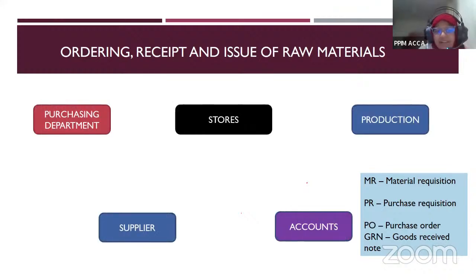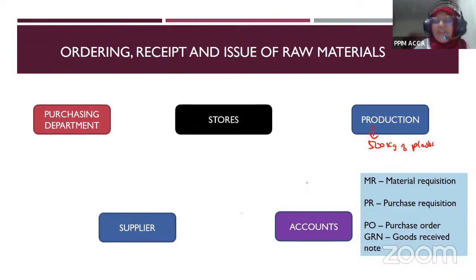In a company, basically, you will have the production department, the stores, the purchasing department, your supplier, and the accounts. There are certain documents that have to go to and from these different areas of the business if you want inventory in the factory. Let's say the production department has a new order, so they want, say, 500 kilos of plastic.